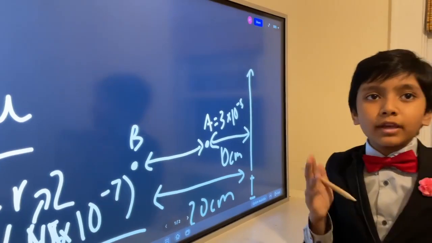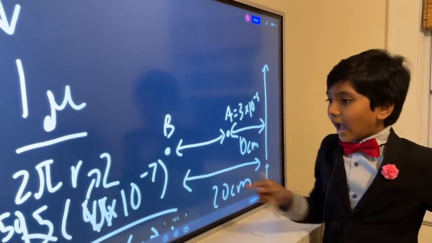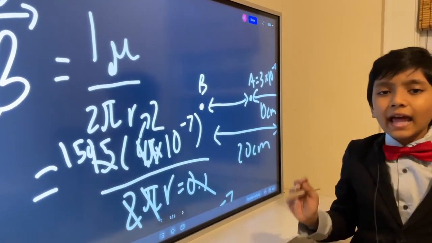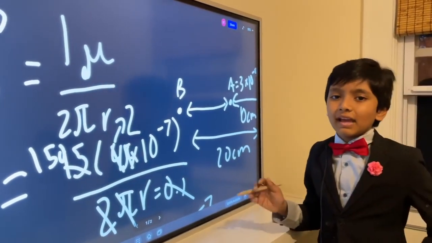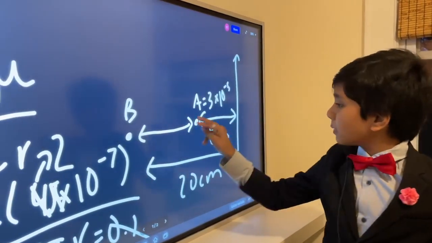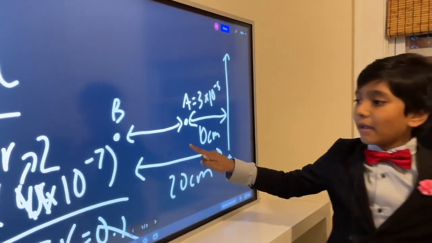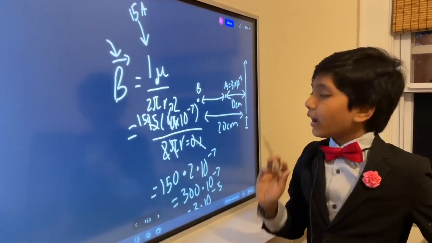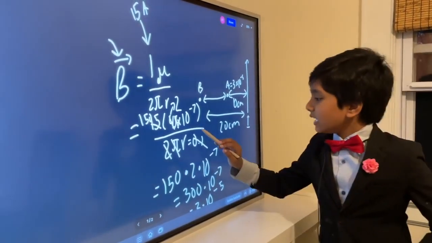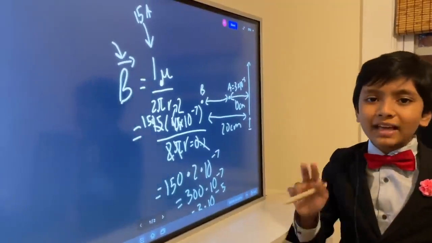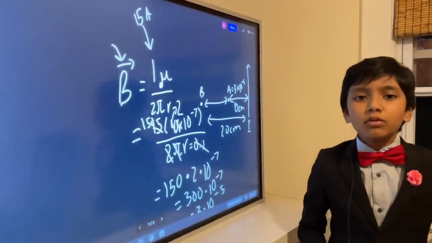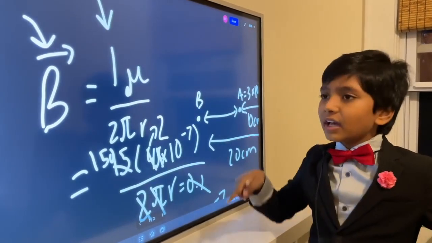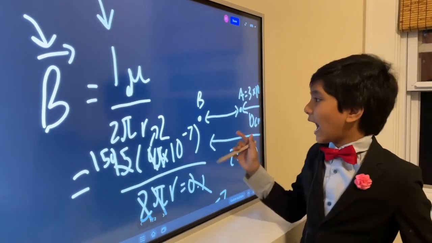Alright, now let's look at B. Since B has twice the radius of A, that means B is more far away, so there's less magnetic field. Actually, the radius is double what it used to be. So since it's inversely related, we can assume the value of the entire thing will halve.